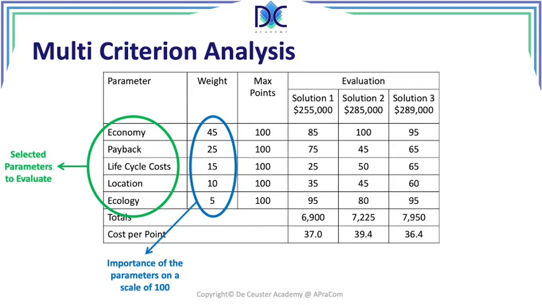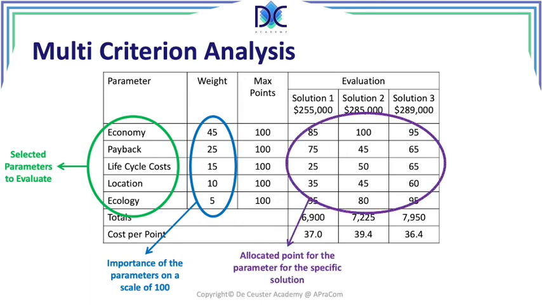For solution 2, we have 7,225 points, and a cost per point which is equal to 39.4. And for solution 3, we have a total of 7,950 points and a cost per point of 36.4.